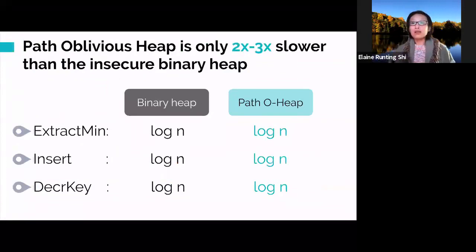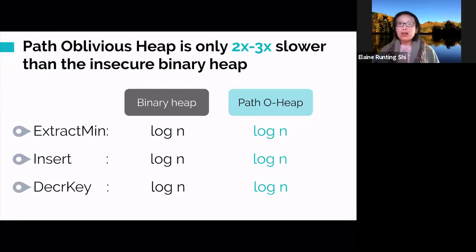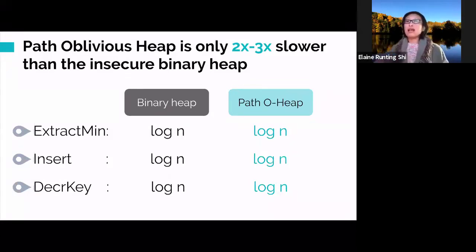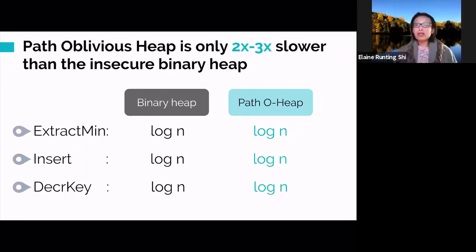So what is the cost of our scheme? I recall that extract min touches one path, and the insertion touches the root bucket and two random eviction paths. Therefore, both extract min and the insertion cost only log n, just like the ordinary insecure binary heap. What's even better is that our slowdown with respect to the binary heap is only 2 to 3x.